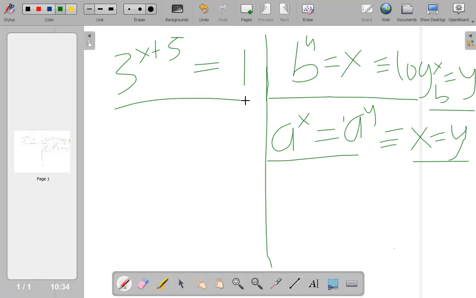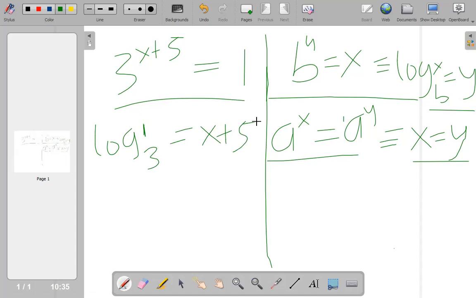So if 3 to the x plus 5 equals 1, therefore log to the base 3, remember the bases don't usually change, log to the base 3 of 1 is going to be equal to x plus 5.